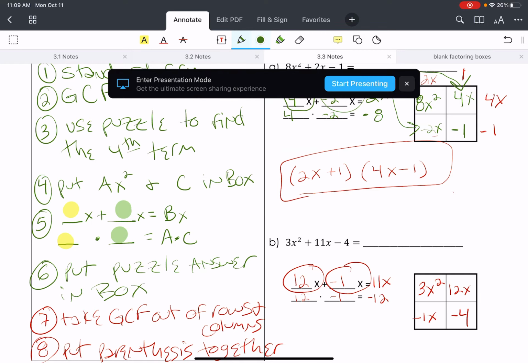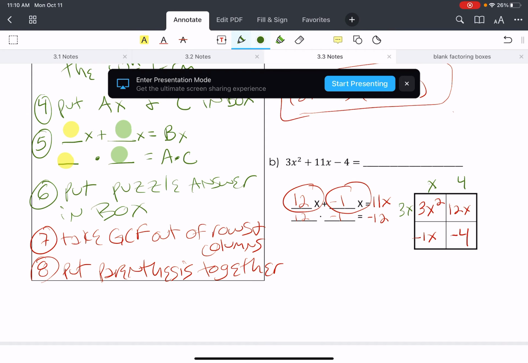Good. So then I've got X and 4. Wait, where did you get X and 4 from? Okay, so X is the greatest common factor. So if I cover up everything, if I look at the 3x squared and the negative 1x, then X is what those two have in common. That's their GCF. The 4 is what 12x and negative 4 have in common. Oh, okay.